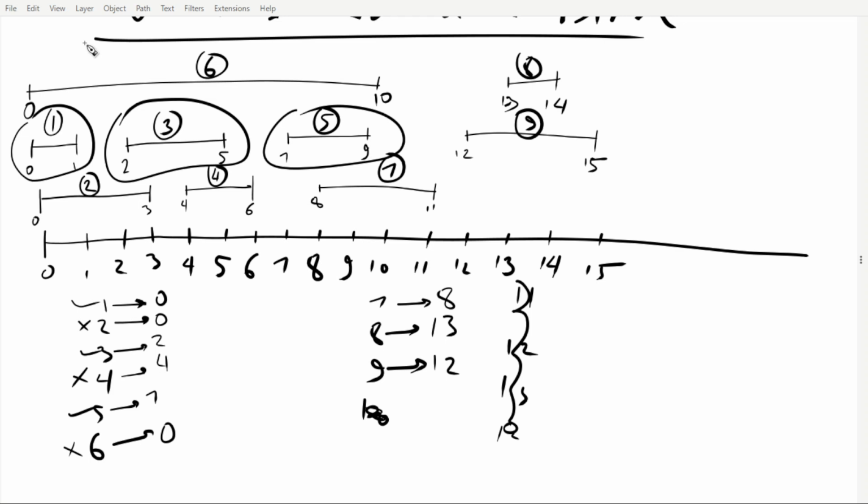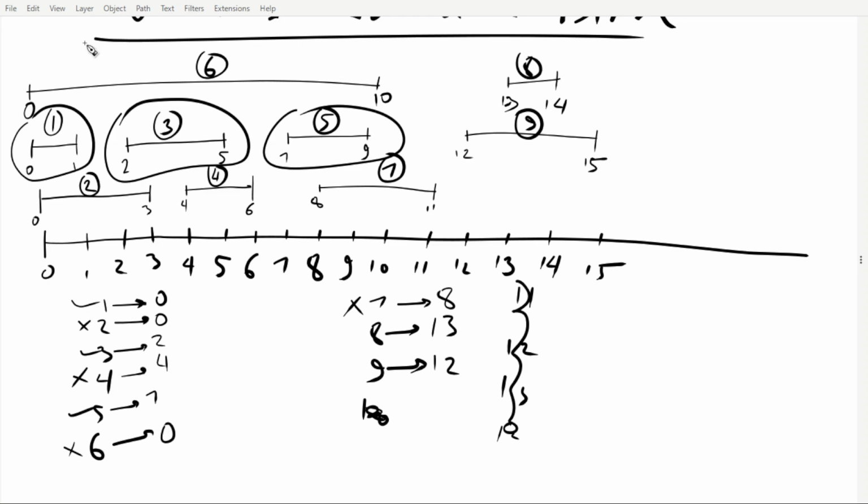In case of 5, we have 7 up to 9, finish time is 9. So we get overlap here, so we can remove it afterwards also, just for saving time complexity. So we remove this, we have finish time 9, so remove 7 also.